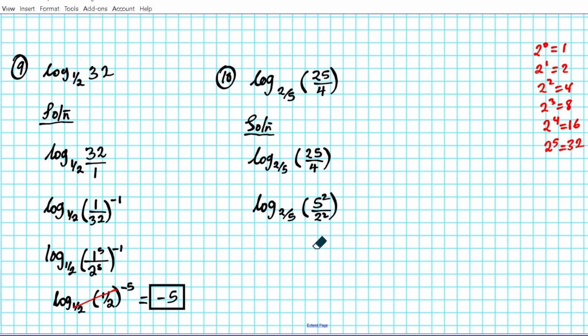Now, we can use the reversal of the power of a quotient property of exponents to factor out these two powers. So this is the same thing as log base 2/5 of 5/2 squared. It's exactly the same thing.